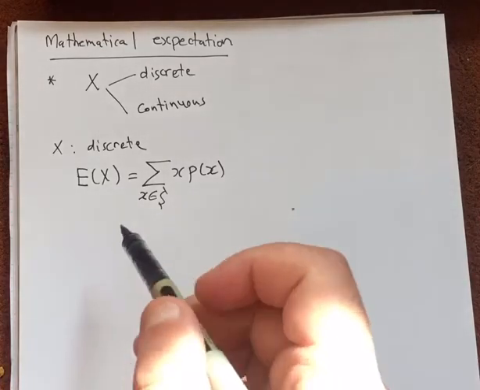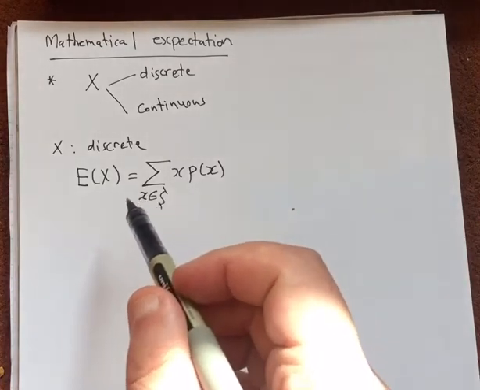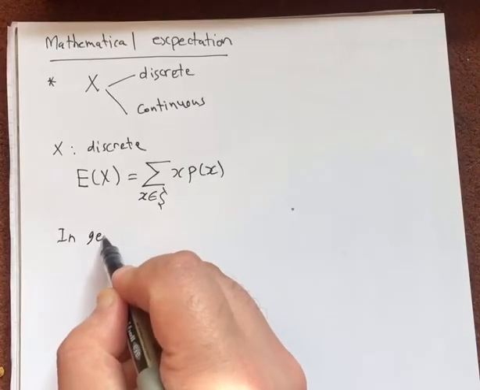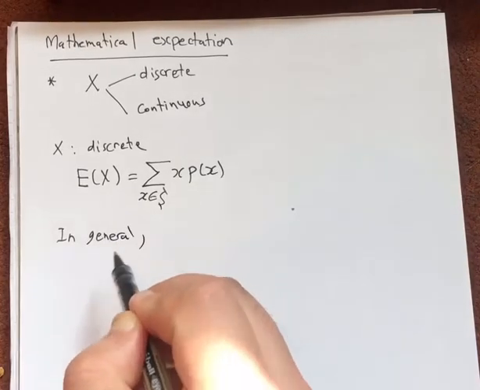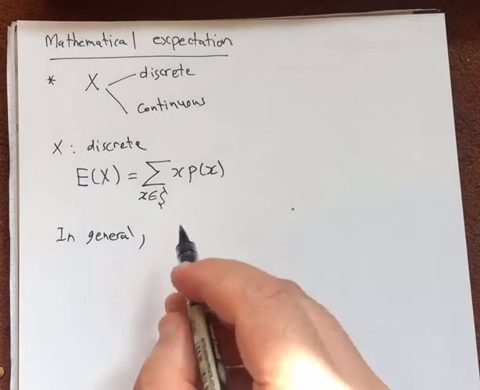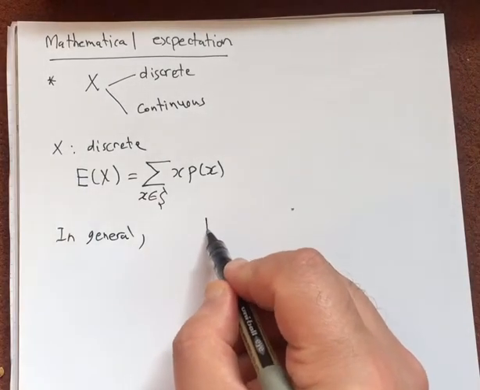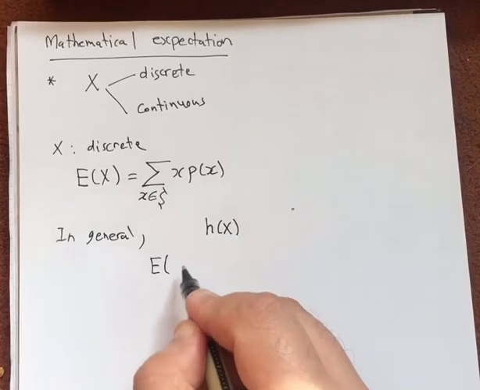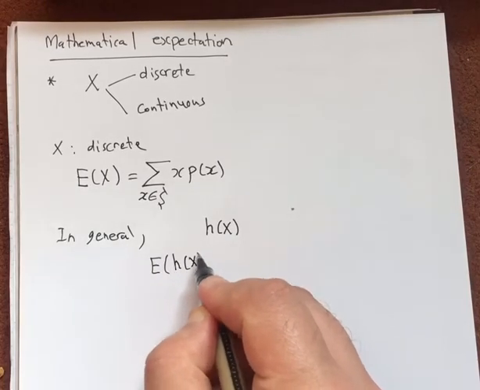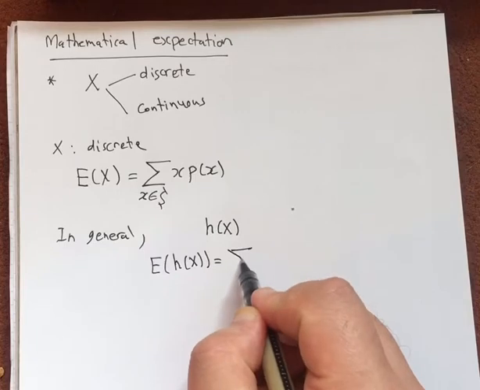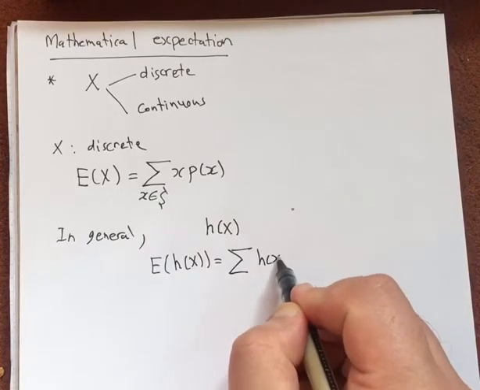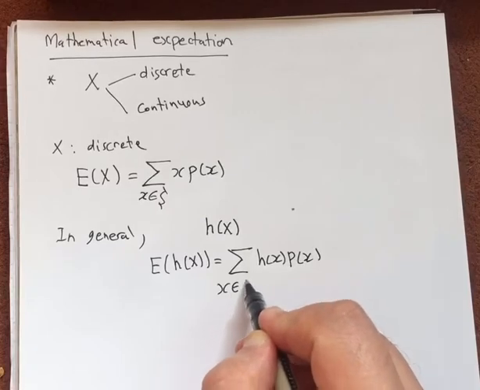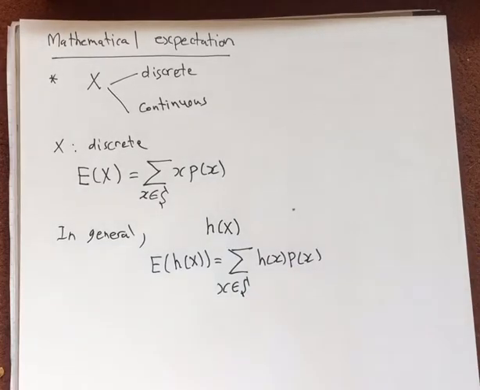Now in general, if we have a function called h of x, the expectation of this function h of x will be the summation of h of x p of x, where x belongs to the sample space.